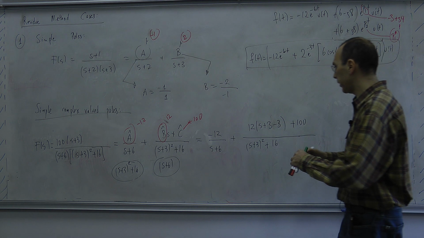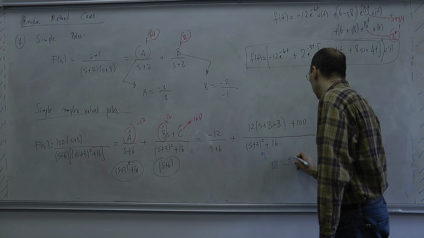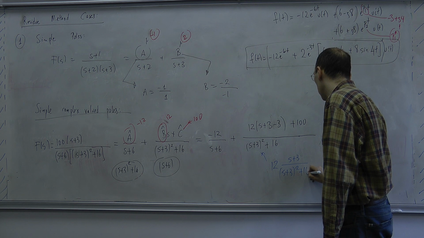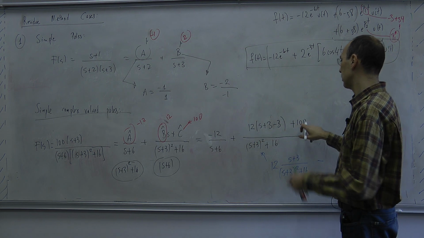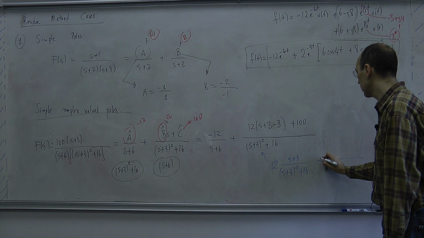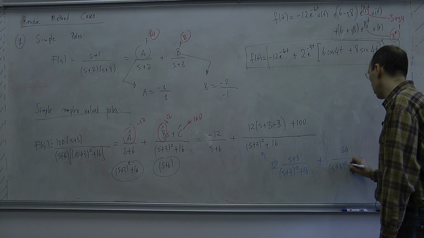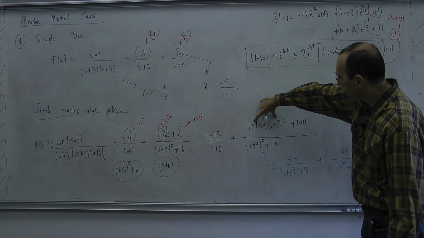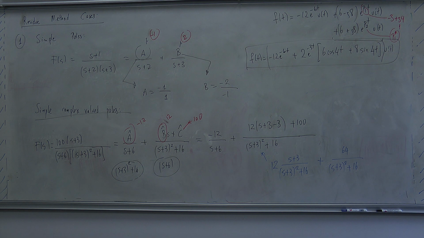Then I will write this part as 12 s plus 3, s plus 3 square plus 16, minus, so this is 36 plus 100, I have 64, isn't it? Is it minus? I think it's plus. 64 s plus 3 square plus 16. Let's check. This is minus 36 plus 100, I get 64. Okay, something like that.